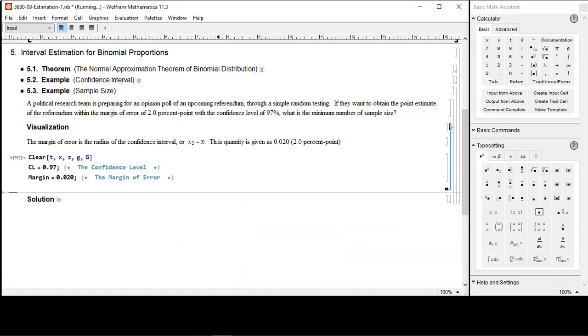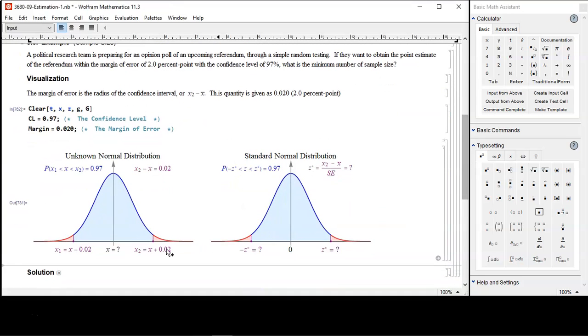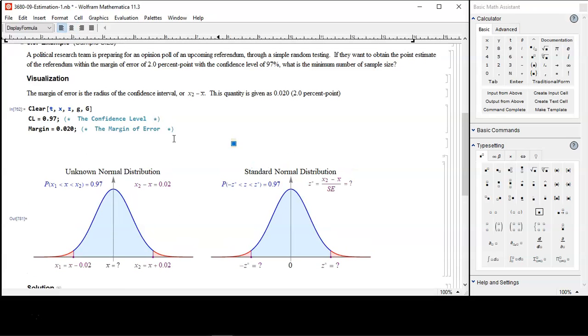Okay, here is a little bit better visualization. We don't know the center here, but we do know this endpoint is center plus 2 percentage point, and the other is center minus 2 percentage point. So this radius is 2 percentage point, the margin of error. So what do I do here? The z-score is end minus center over SE, right?